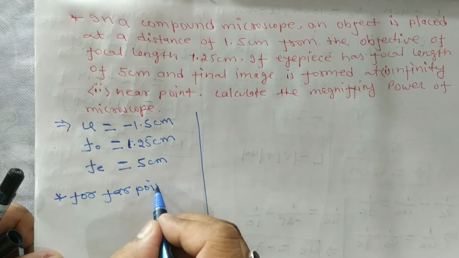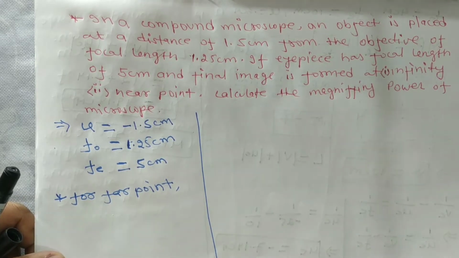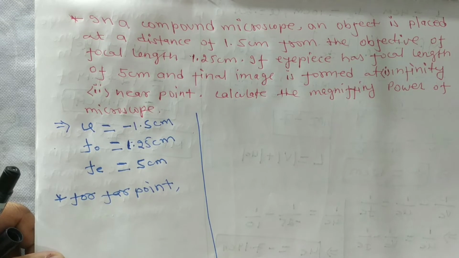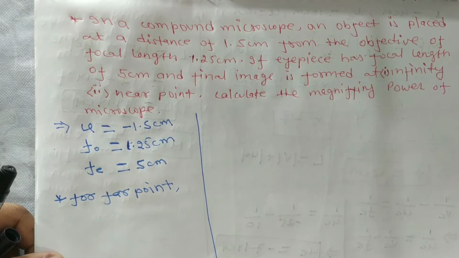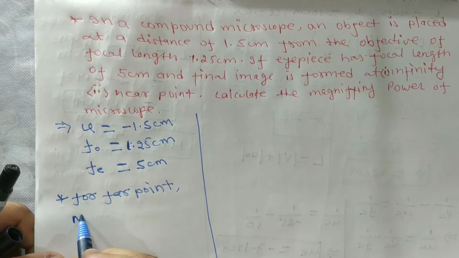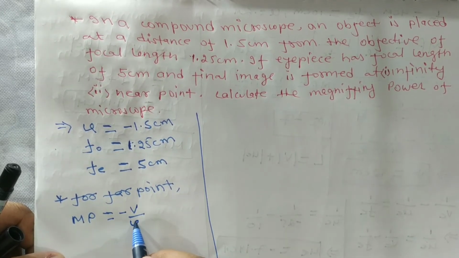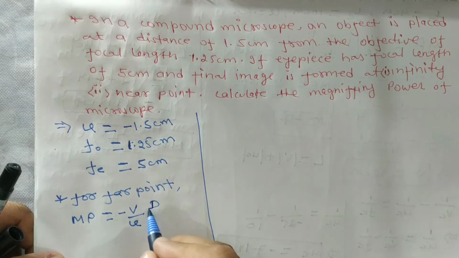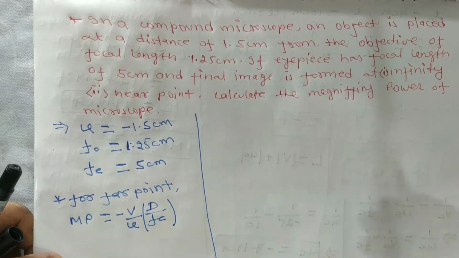Far point means when final image is formed at infinity, then the formula will be minus v upon u into d upon fe. This is for far point.